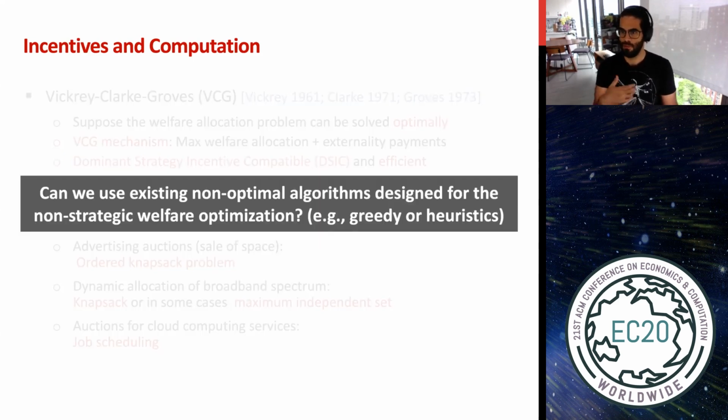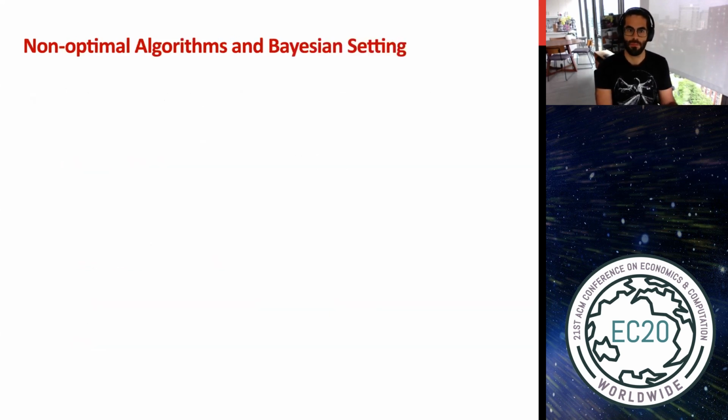So one question is, for these settings where you cannot hope for the existence of optimal algorithms, can you use the existing non-optimal algorithms that probably are good heuristics, greedy algorithms that give you approximations for this problem, and somehow transform them into mechanisms that obtain comparable social welfare guarantees? And by mechanism, I mean an incentive compatible mechanism.